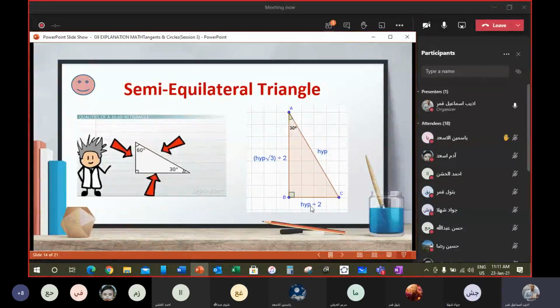How do I calculate it? It equals the measure of the hypotenuse over 2. I'll repeat for whoever is taking notes: in a semi-equilateral triangle the side opposite to angle 30 degrees is equal to the hypotenuse over 2.